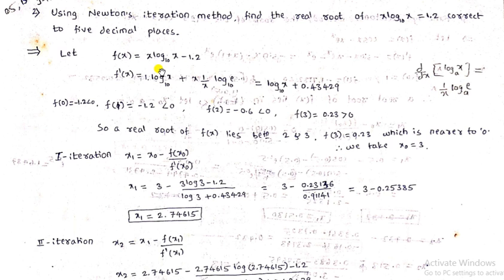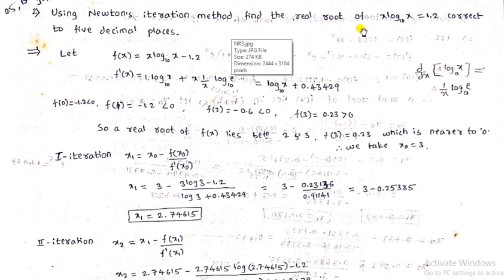So according to this, differentiation of log x to the base 10 becomes 1 by x log e to the base 10. So x and x cancelled out, and substitute the standard value of e. E is 2.718. So log of 2.718 is 0.43429.